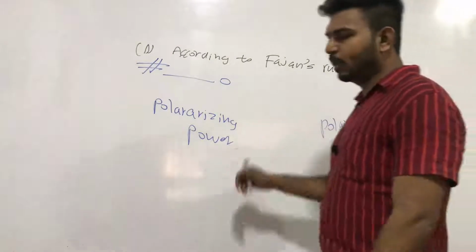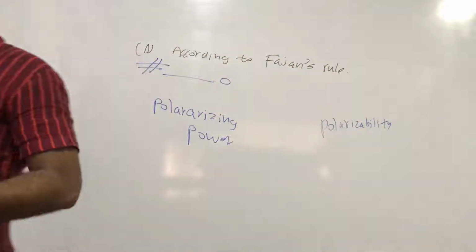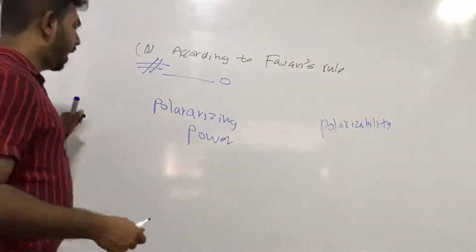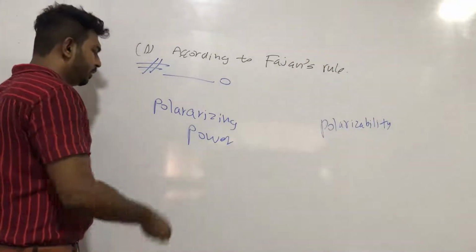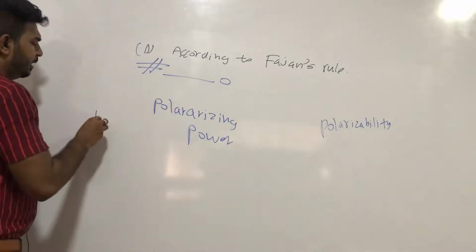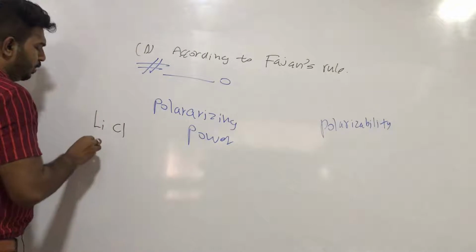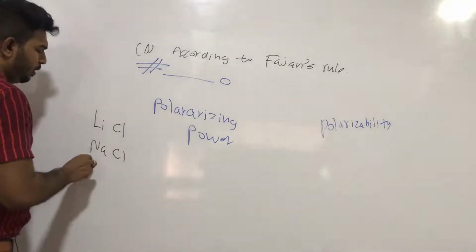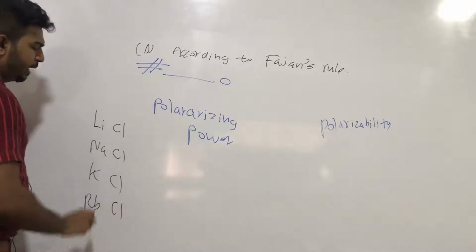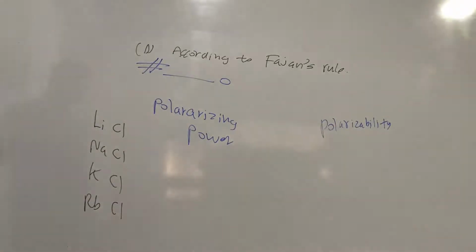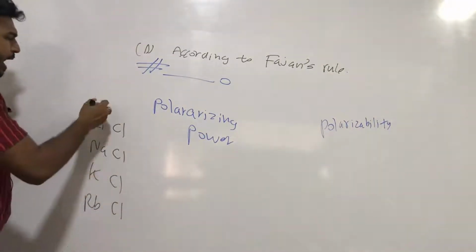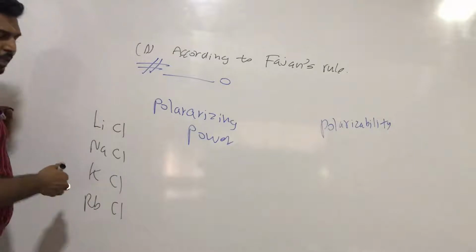Before explaining this, let's consider some molecules like lithium chloride, sodium chloride, potassium chloride, rubidium chloride. Now we can see the anion is the same and the cation varies downwards.